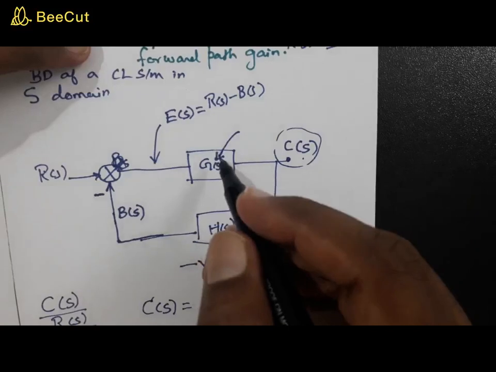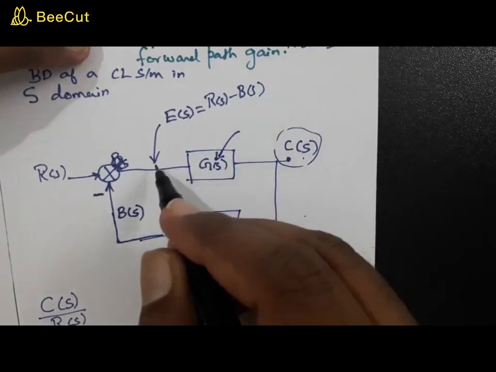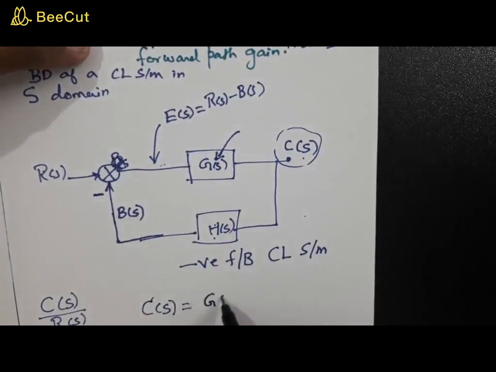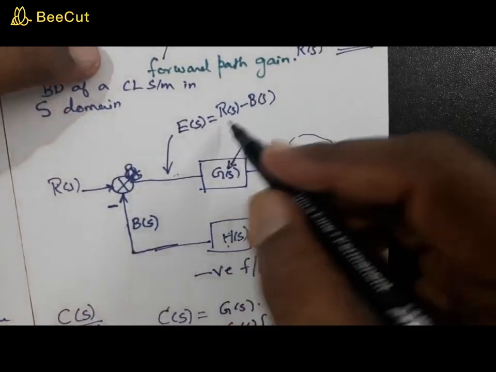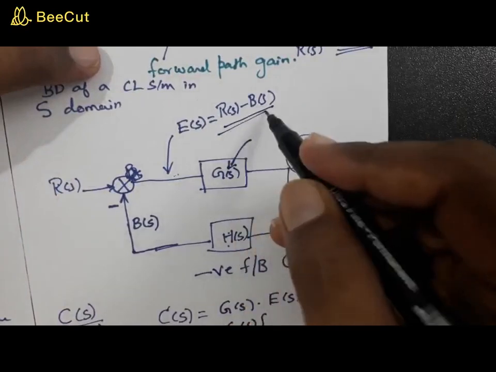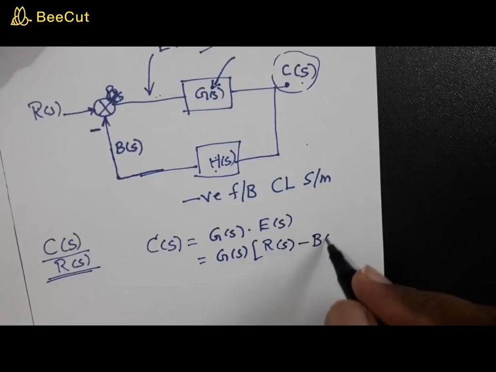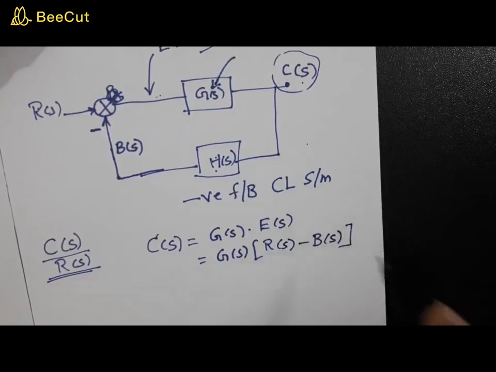C of s is equal to G of s times the signal that comes here, so this will be G of s into E of s. Now what is E of s? E of s is the error signal, which is R of s minus B of s.